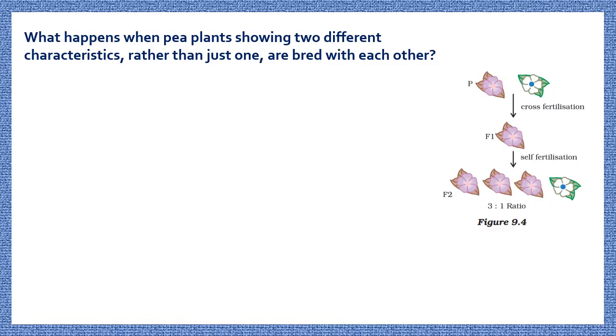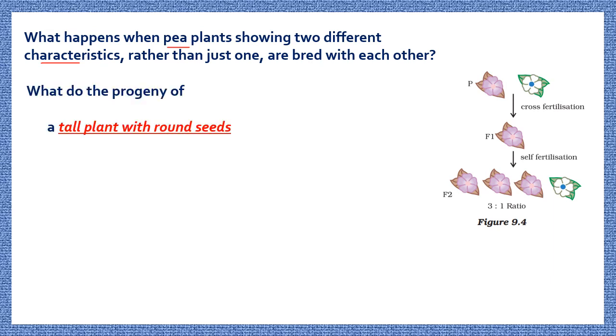Okay, now what happens when pea plants showing two different characteristics breed with each other? What will be the result? What will be the progeny of a tall plant with round seeds? Look at these characters carefully. The plant is tall, but the seeds are round.